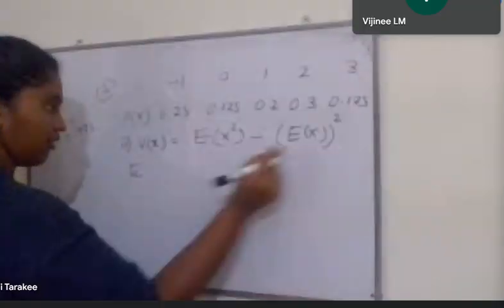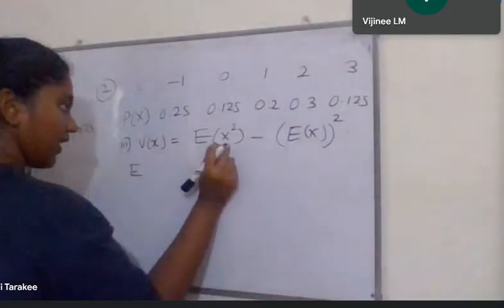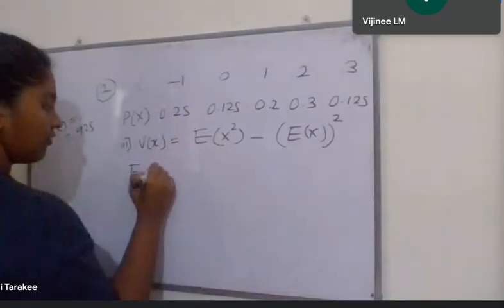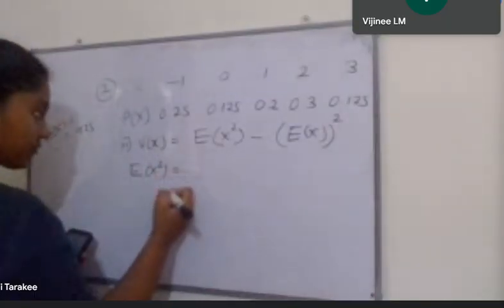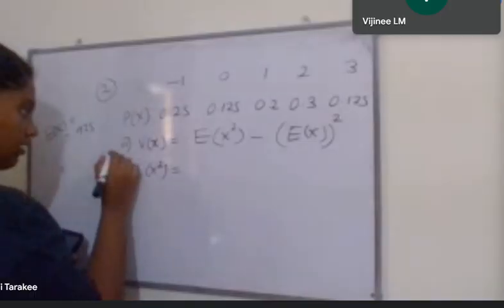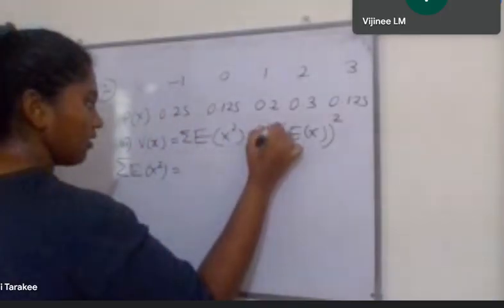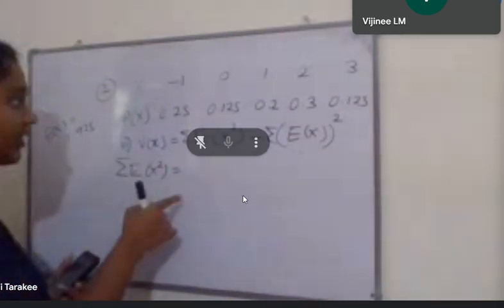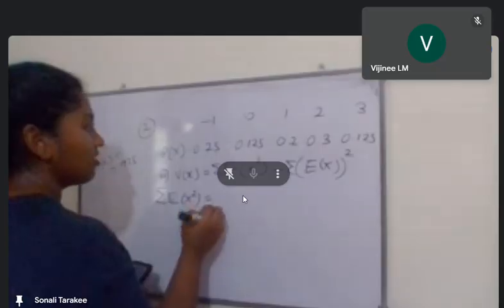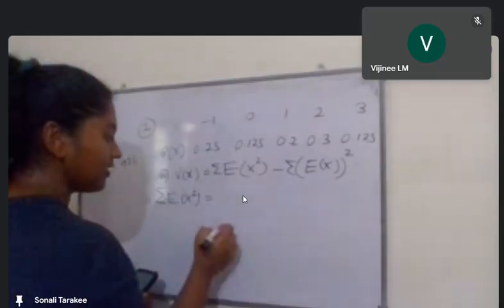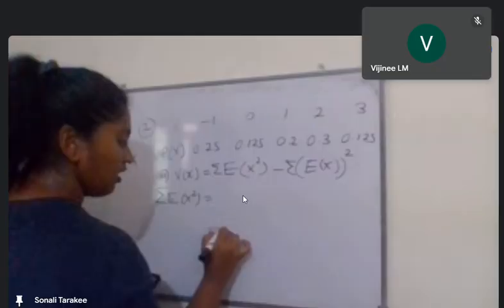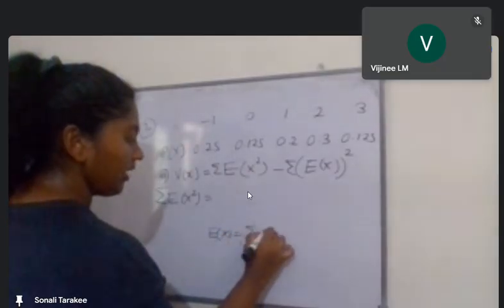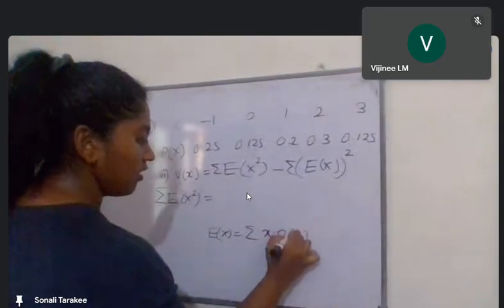First of all, we know E(x), but we don't know E(x squared). So how do you find E(x squared)? In the previous method, E(x) we found was sigma x into P(x).